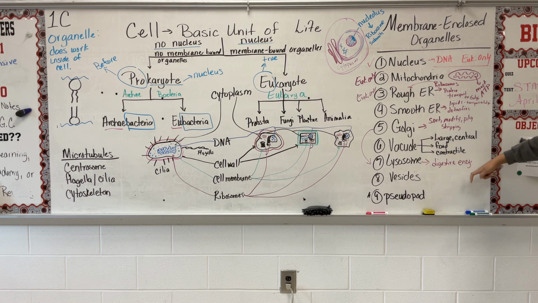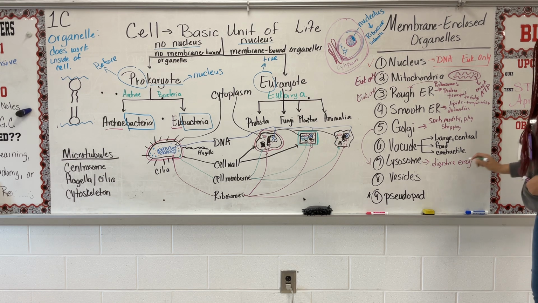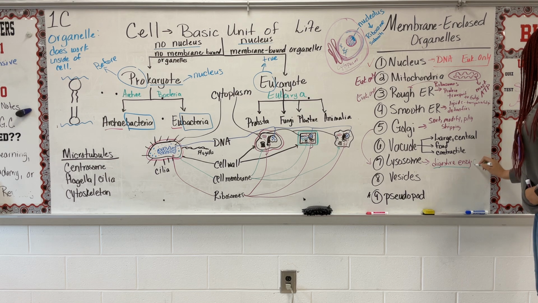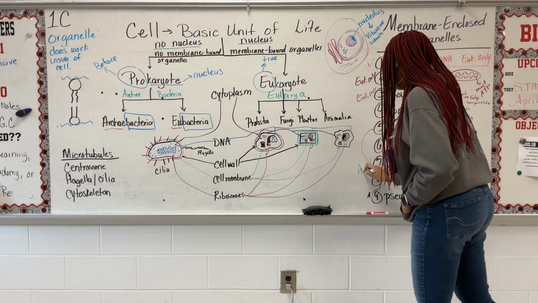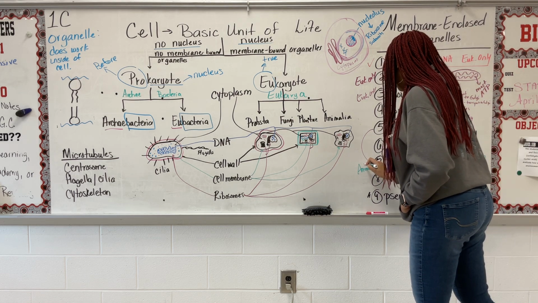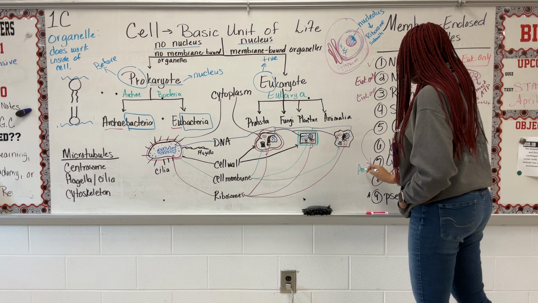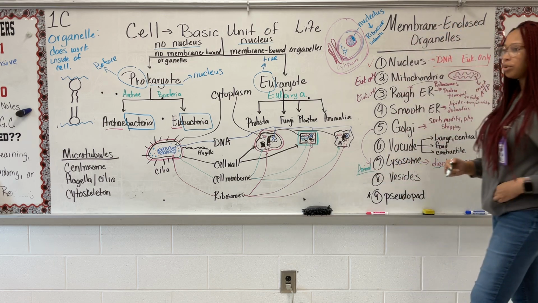So it's like a storage container for digestive enzymes. And since I'm already here, I'll talk about it. The lysosome's job is to keep the cell clean. So think like Lysol, right? But they're only found in animal cells, okay? So even though they are found in eukaryotes, they're specific to the animal cell.